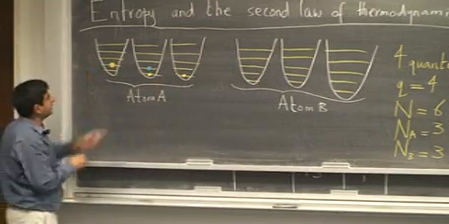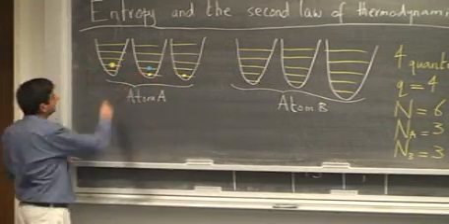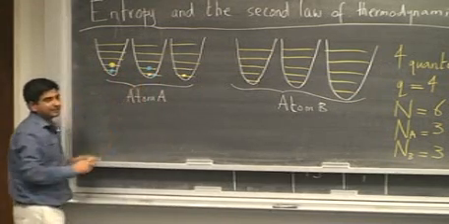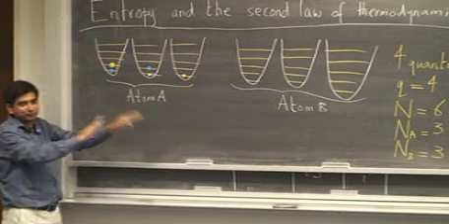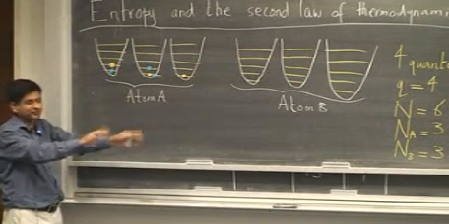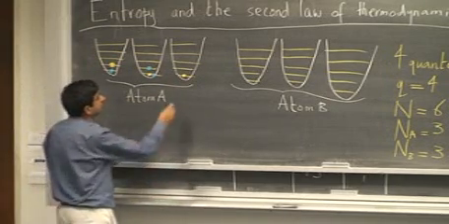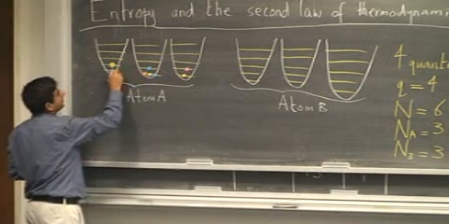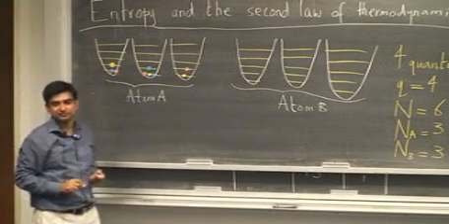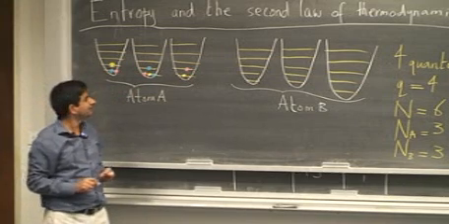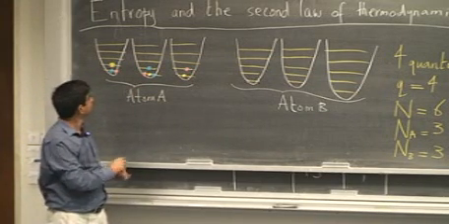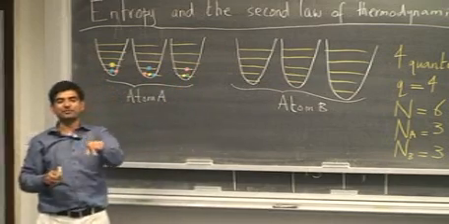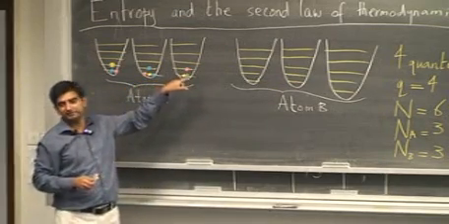The other possibility is the 1 quantum is here and there are 0 quantums here. Instead of drawing it over and over again, I'm using different colors, so don't be confused. The third possibility is that the 1 quantum is here and there are 0 quantums in the other oscillators. So there are 3 ways in which the 1 quantum could be placed in atom A.